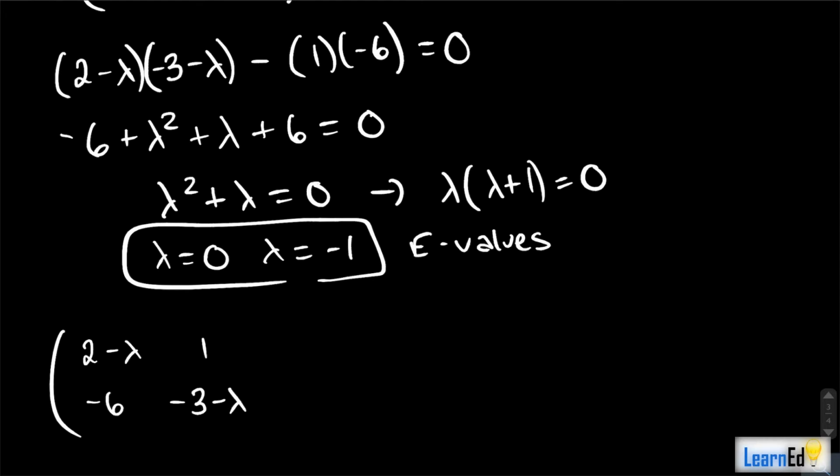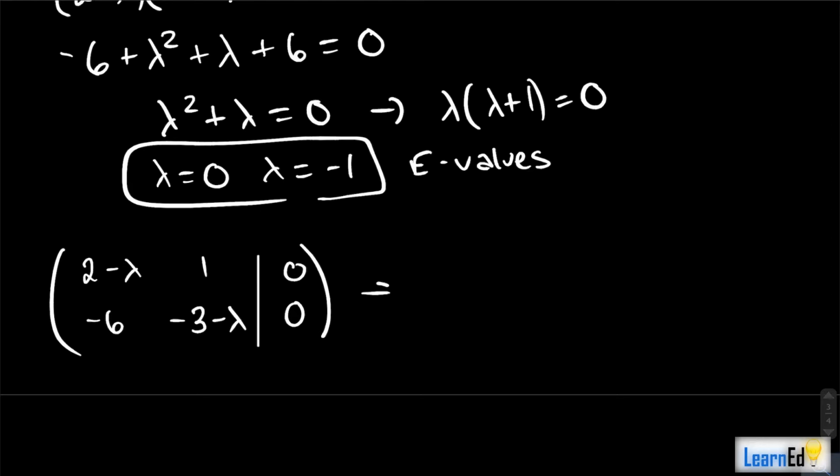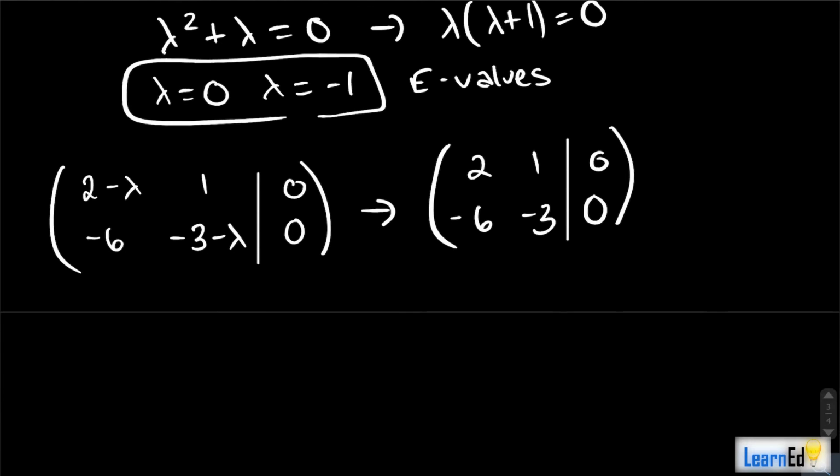We're going to augment this with zeros, and that's going to help us find the eigenvectors. We get 2, 1, negative 6, negative 3 when we plug in 0 for lambda. We augment this with zeros, and you'll see that the second row is a scalar multiple of the first row, right? You multiply by negative 3.